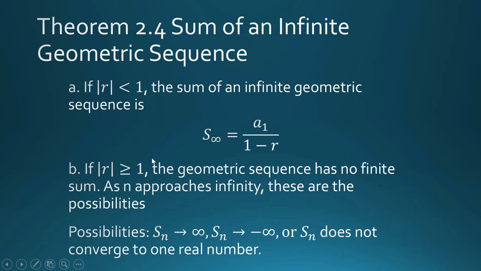On the other hand, when the absolute value of the common ratio is greater than or equal to 1, your geometric sequence has no finite sum. And as n approaches infinity, these are the possibilities. The sum goes to infinity, the sum goes to negative infinity, or Sn does not converge to a particular real number.